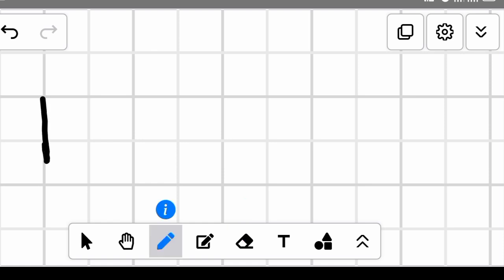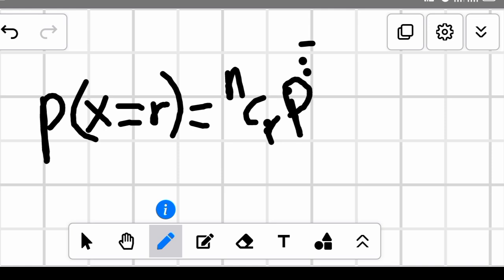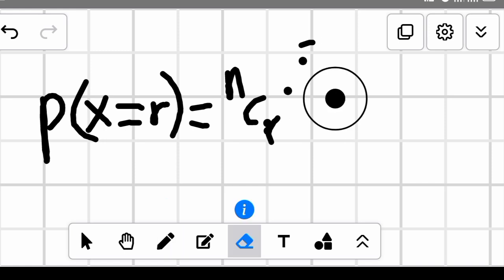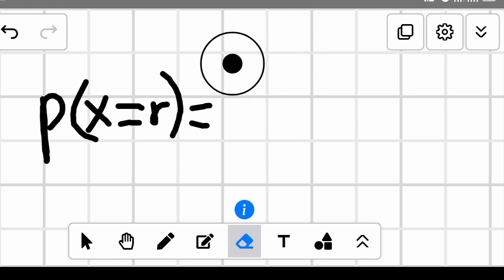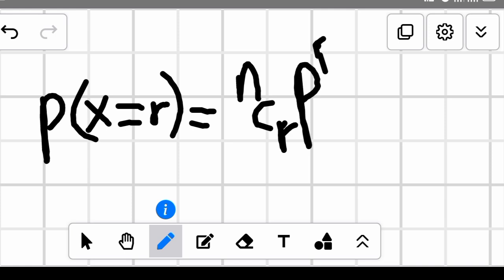So P of X equals R equals N combination R, P raised to power R, multiplied by Q raised to power N minus R.